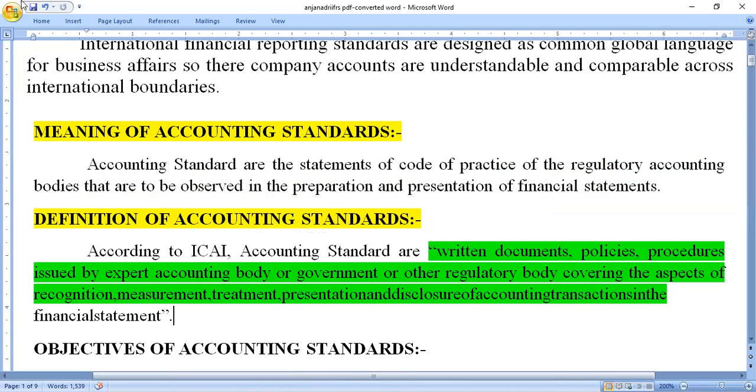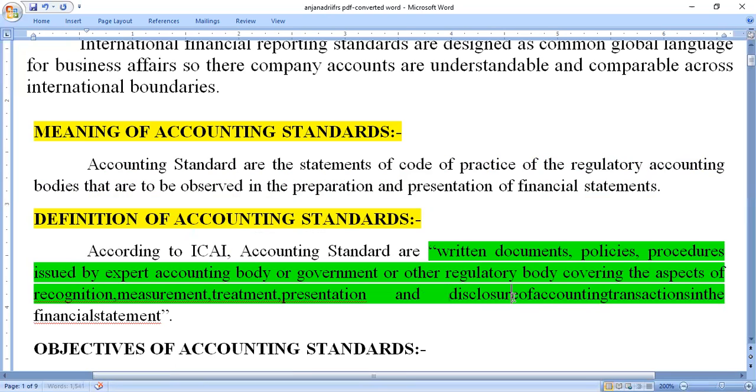Accounting standards is nothing but a written document, policies, procedures issued by the expert accounting body or government or other regulatory body covering the aspects. See, these are the major aspects. The first one is recognition, second is measurement, third is treatment, fourth is presentation, and fifth is disclosure.